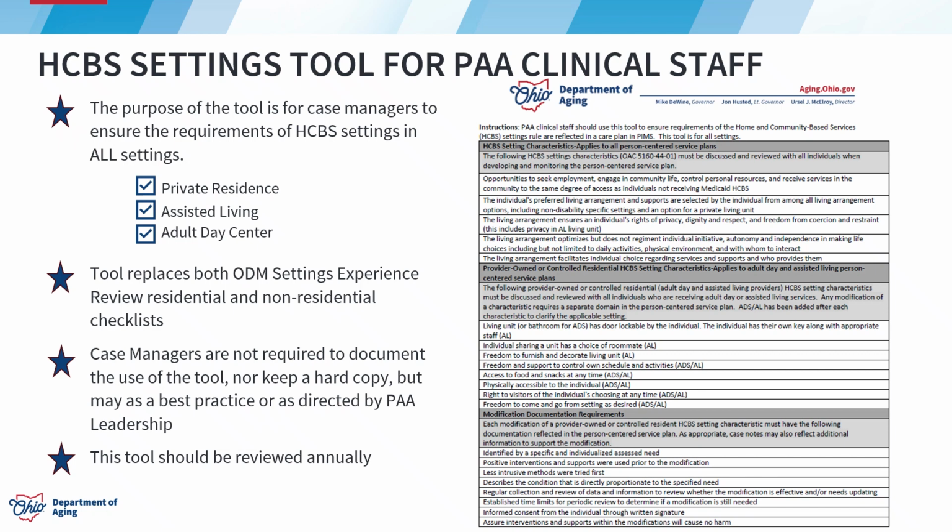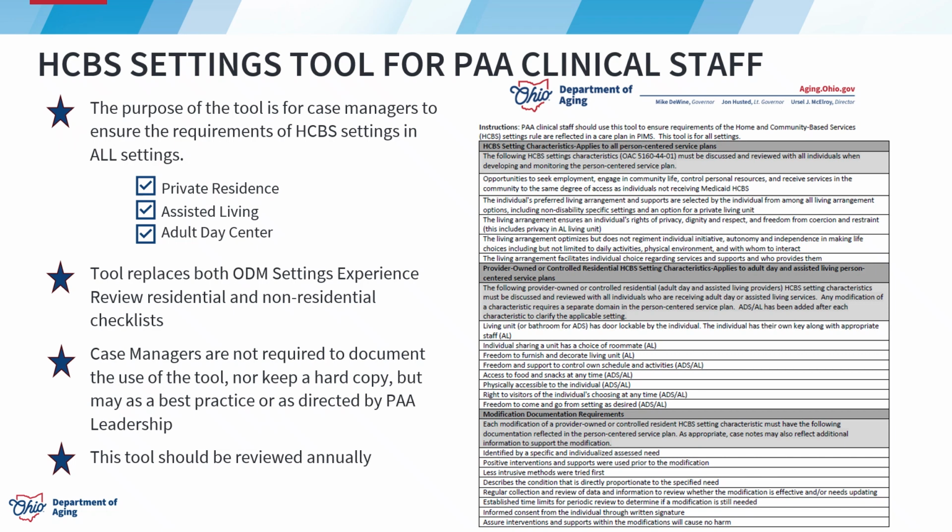And then the second section, HCBS settings, is only for adult day services and assisted living services. These are the additional conditions or characteristics that are required for provider-owned or controlled settings, also known as assisted living or adult day services.